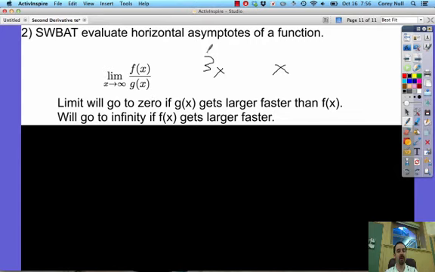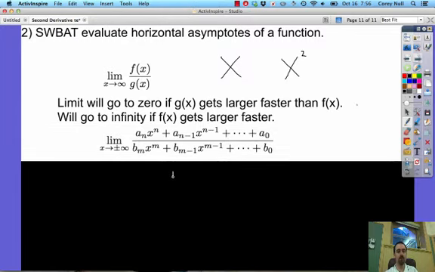This is going to go to a number if I have the ratio of 3x over x. Okay? However, x and x squared go at different rates. Okay? We think of quadratics having a different rate of change, fundamentally, than a linear function.